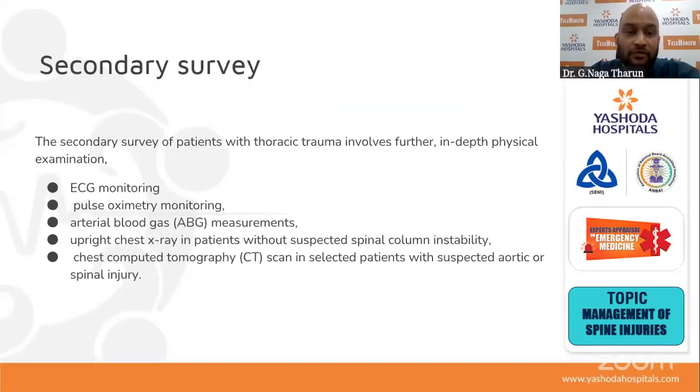Depending upon the HB, we first stabilize the chest area, followed by blood transfusions if required. Chest X-ray is done in patients without suspected spinal column instability, and CT scan is selected whenever we are suspecting aortic or spinal injuries.